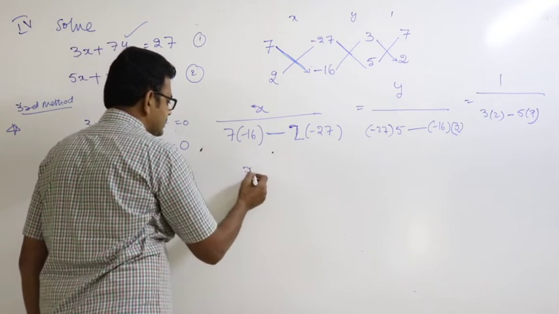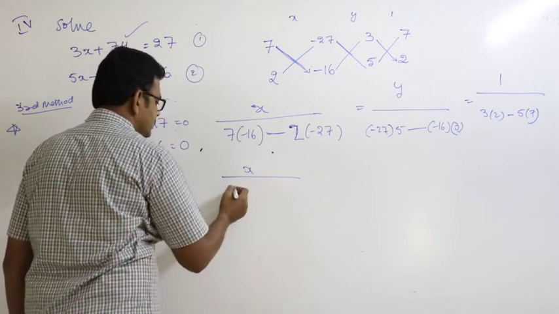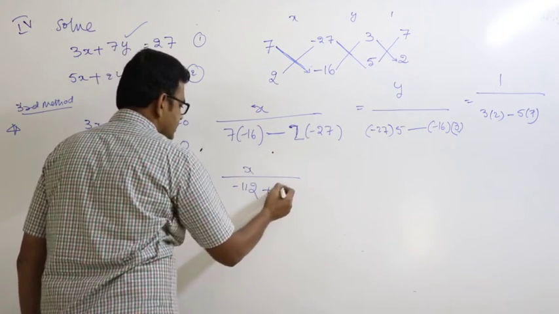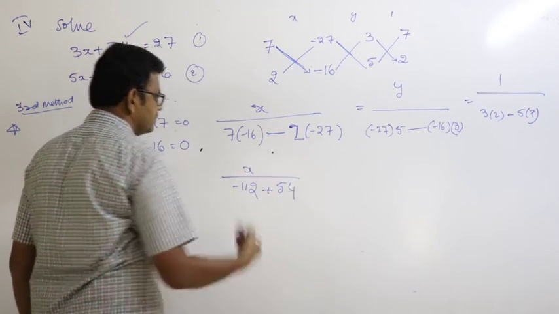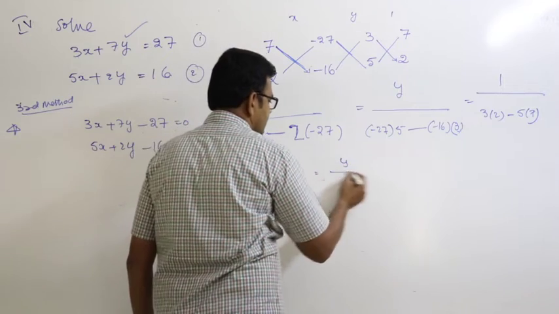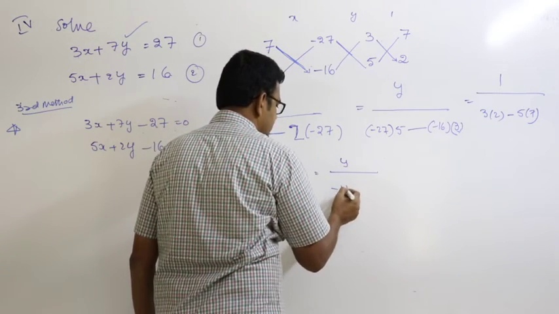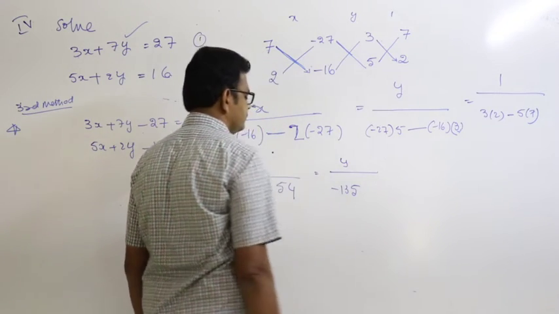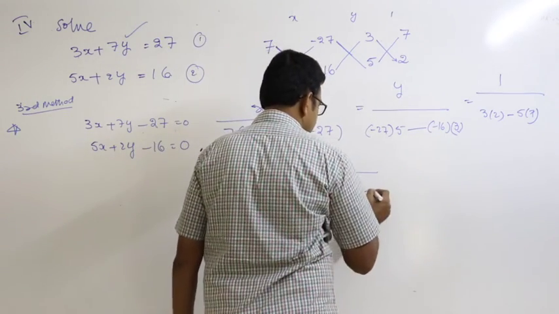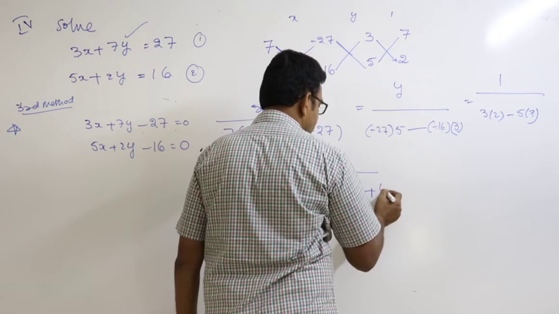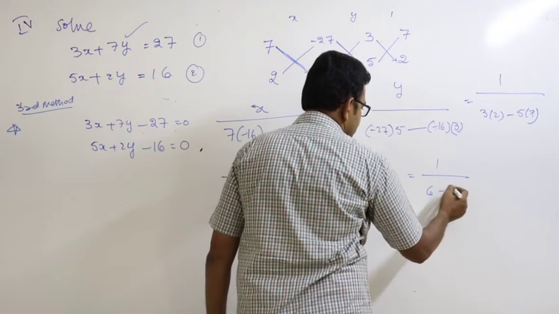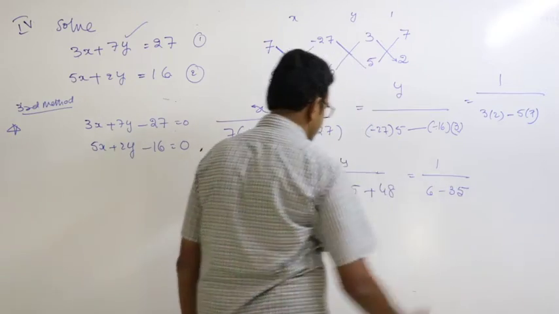Now this is x by minus 112, minus of minus plus 54, is equal to y by minus 135, minus of minus plus 16 threes are 48, is equal to 1 by 6 minus 35.